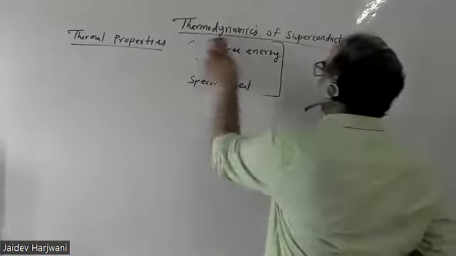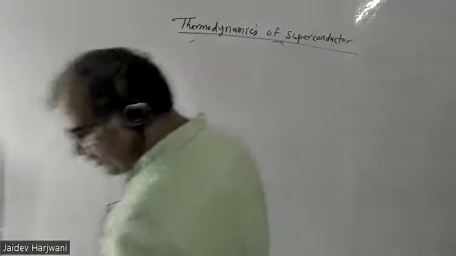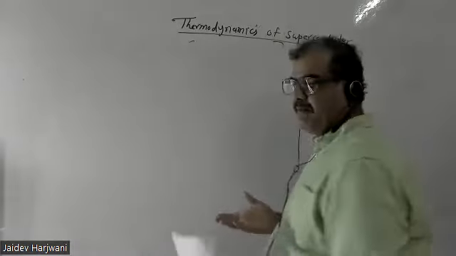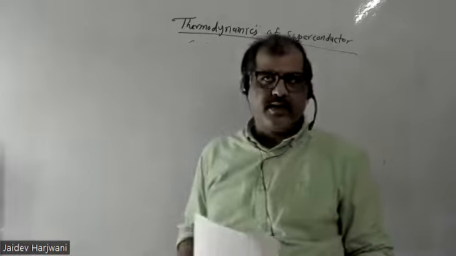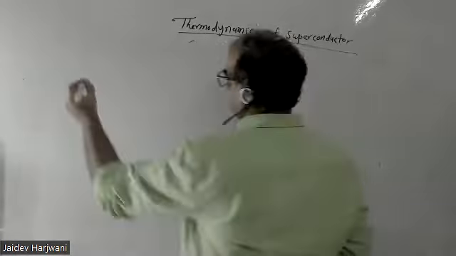Now let us check how these properties change when you go from normal to the superconducting state. I have a sample that is already in the superconducting state, that means it is below TC.